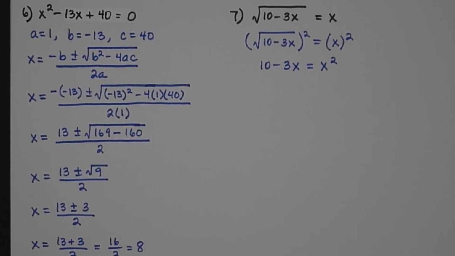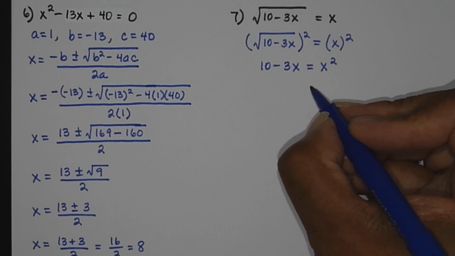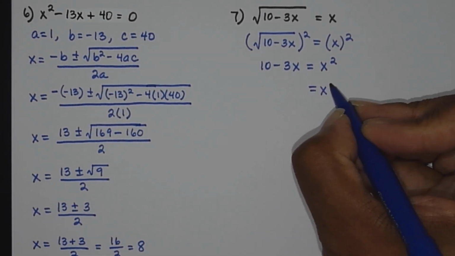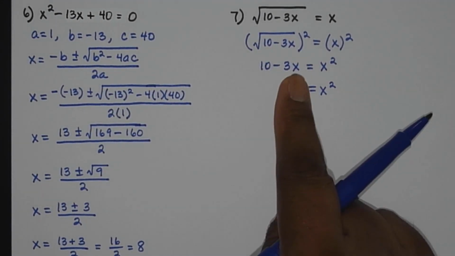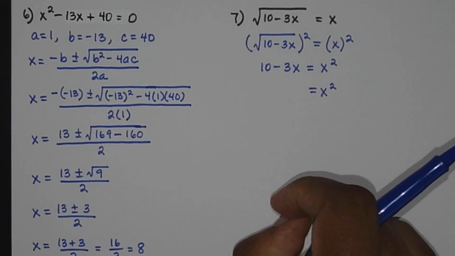So now we have a quadratic equation where we're going to need to get all the terms on one side, and a 0 on the other side. I'm going to leave the x squared on this side. I need to move 10 minus 3x over to the opposite side. How would I do that?